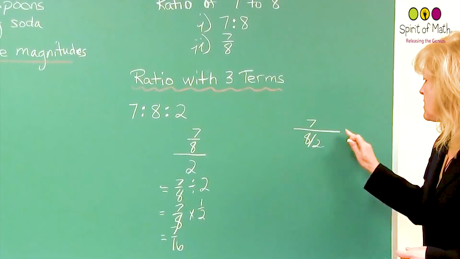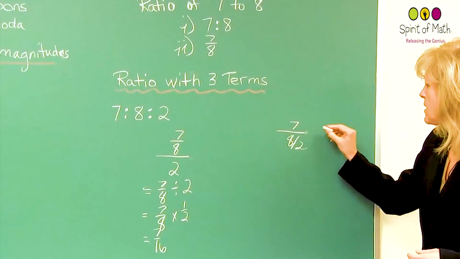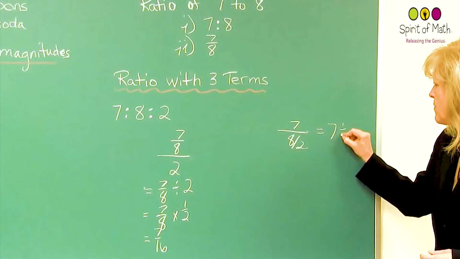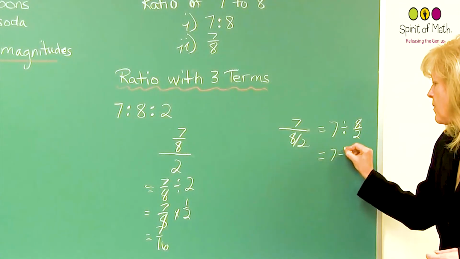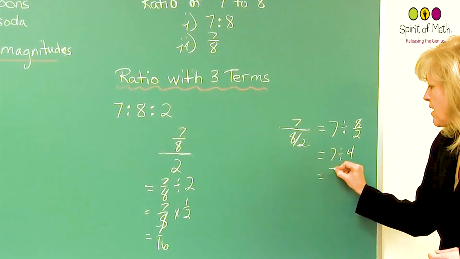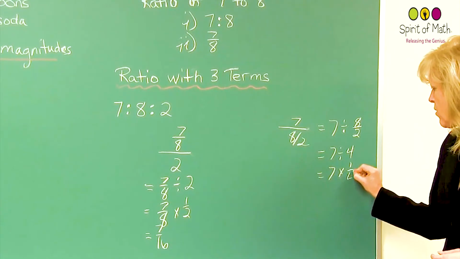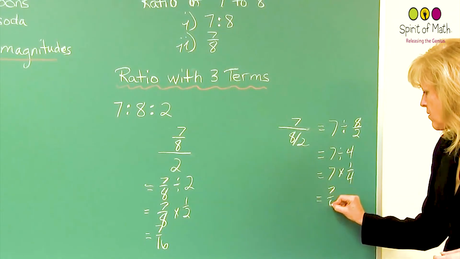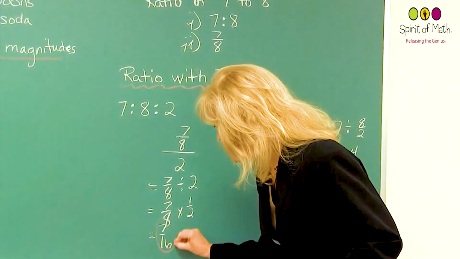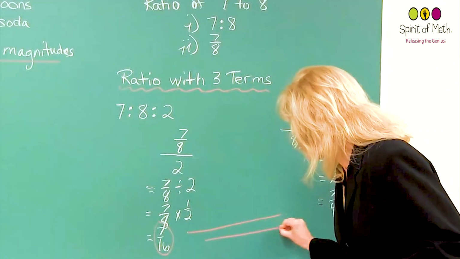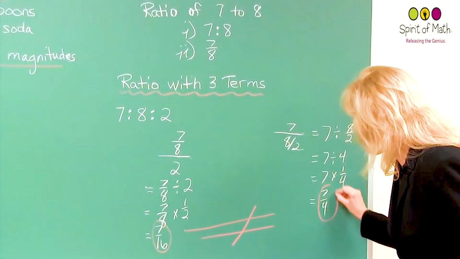Whereas if you had 7 divided by 8 over 2, that's 7 divided by 4, which is 7 times 1/4, and that's 7 quarters. Notice that 7/16 does not equal 7 quarters.